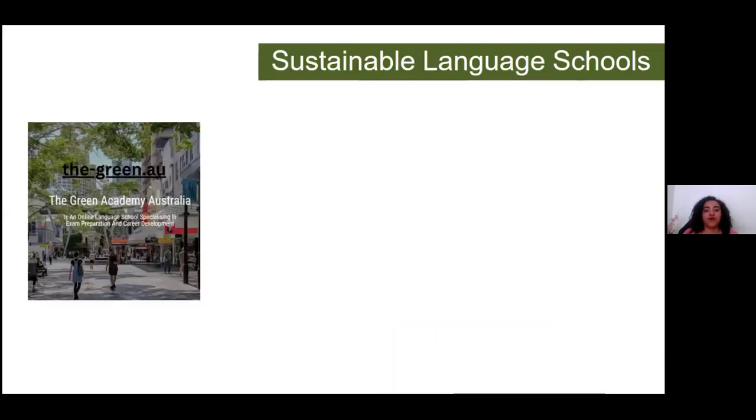Here I have some of the schools that are working for having a less carbon footprint emission and having more eco-friendly environmental classrooms. Here, the first one is the Green Language School in Australia.